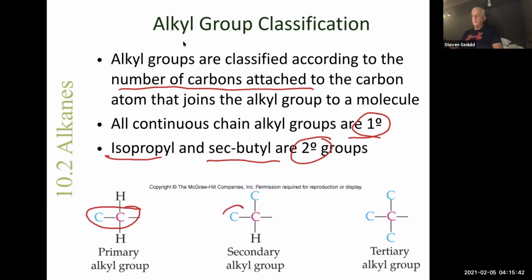If we have 2 carbons attached, that's our secondary alkyl group. Just like primary, secondary, tertiary carbons. Okay, if we have 3 groups attached to the carbon, that is a tertiary alkyl group. Alkyl group is just the grouping of carbons, lost a hydrogen, and it attaches to the chain.